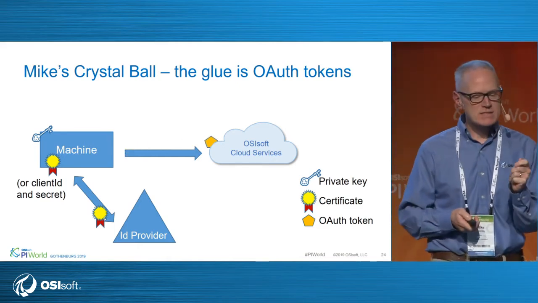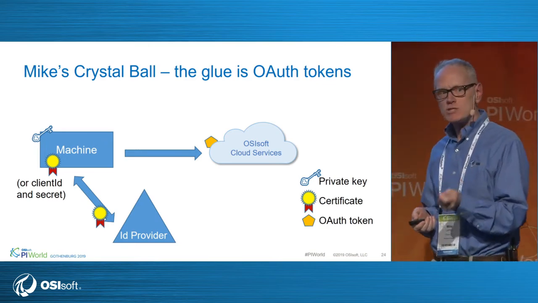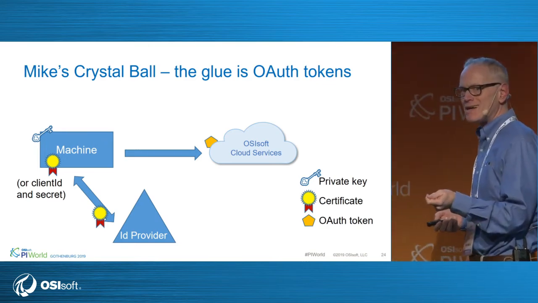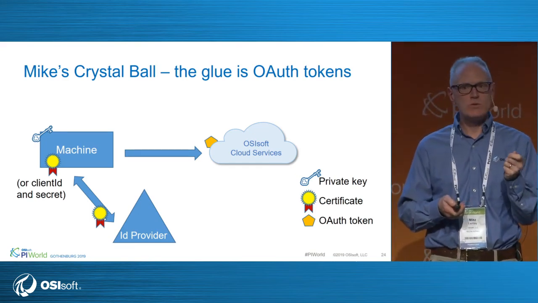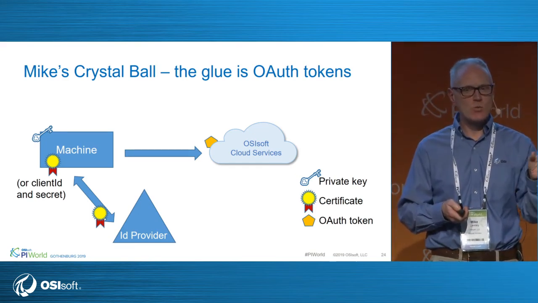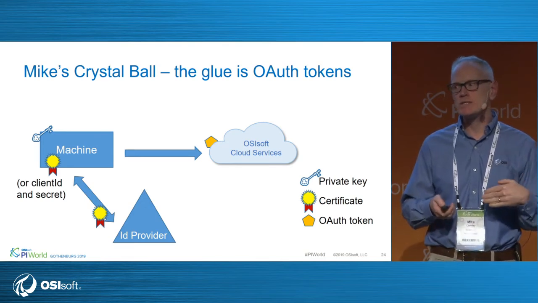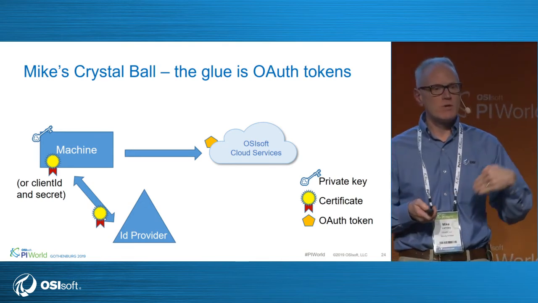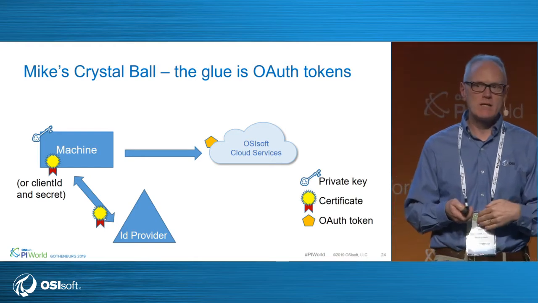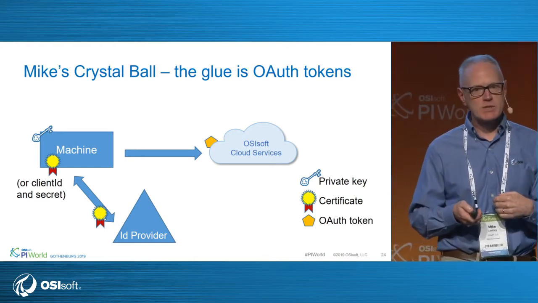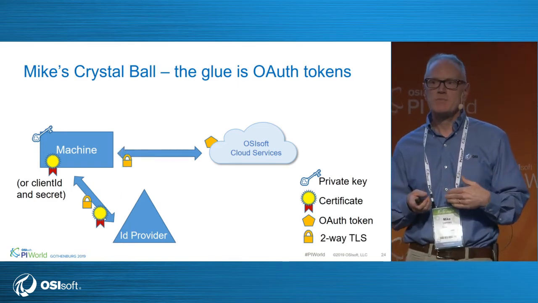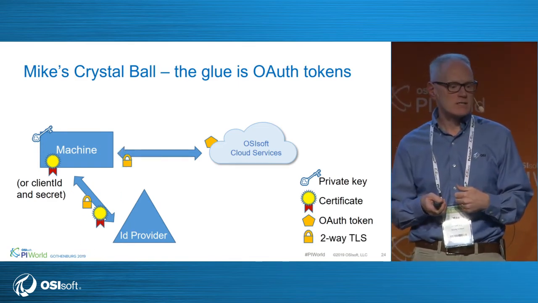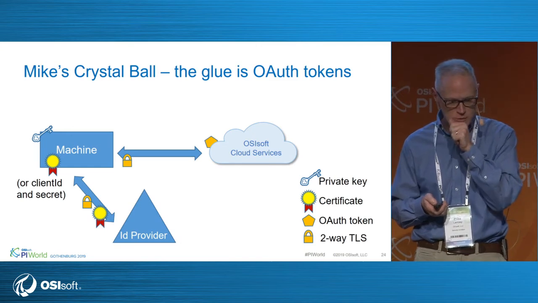And one of the things that's cool about using certificate-based authentication over client ID and secret is that when the client has a certificate, we're actually able to increase the encryption on that communication channel from a one-way TLS, which is what is most commonly used in modern internet transactions, to a two-way TLS to get a stronger communication channel.